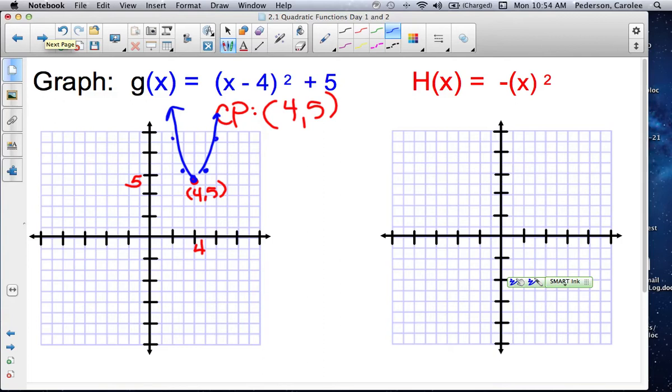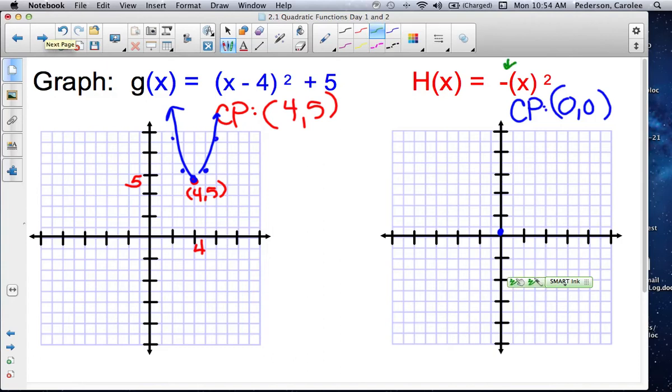Moving on to the second example. The critical point for this one is 0, 0. We're not moving right or left. So there is my origin, 0, 0. Now remember what happens when you have a negative in front of the function.